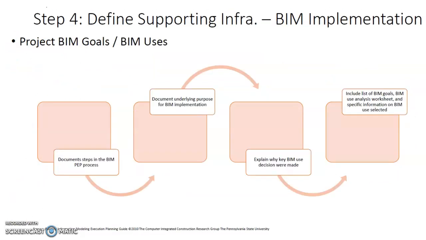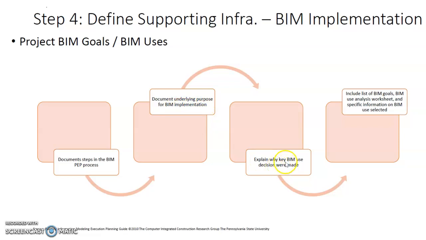So we will also clearly write down how we go about finalizing and deciding on the BIM goals and the BIM users. So it documents the steps in this BIM project execution plan process. Document the underlying purpose for the BIM implementation.